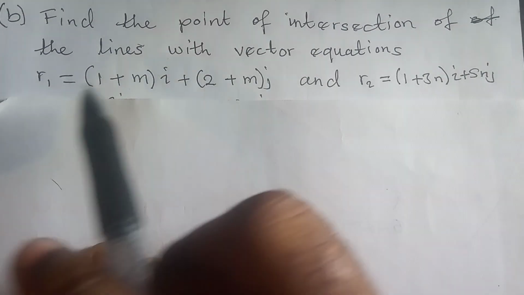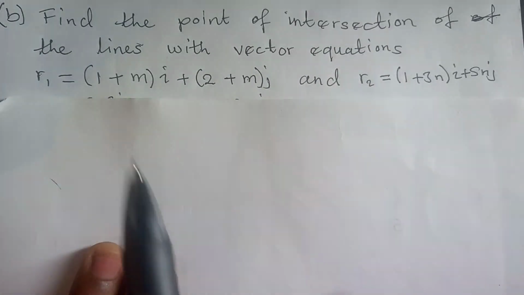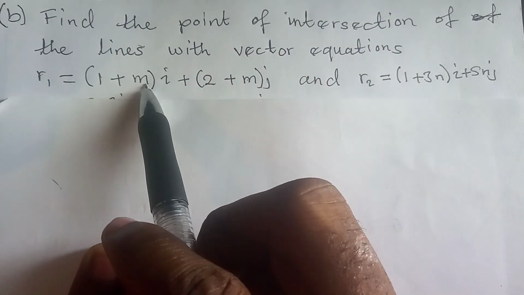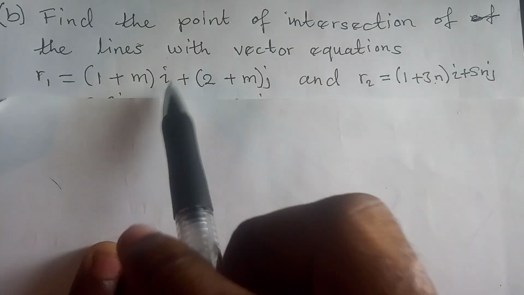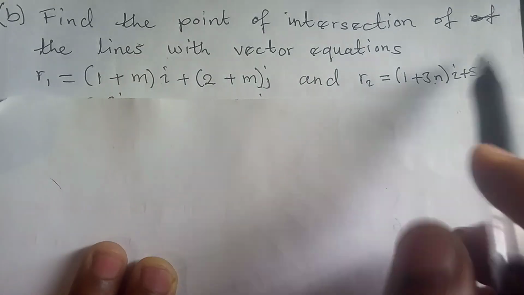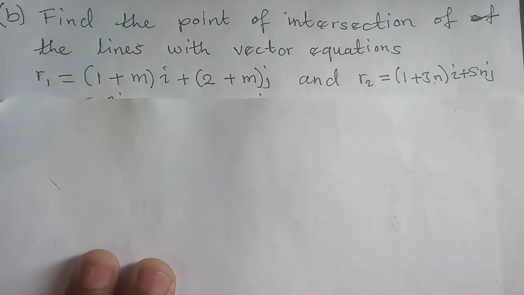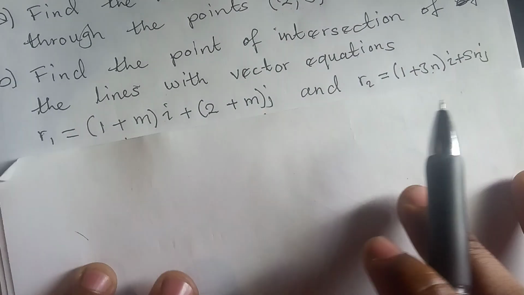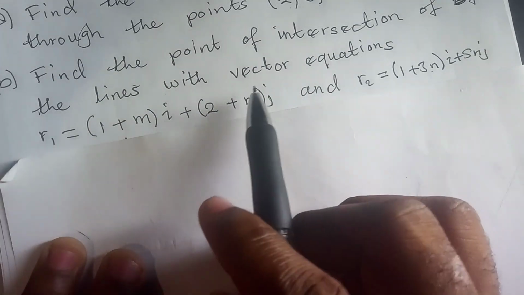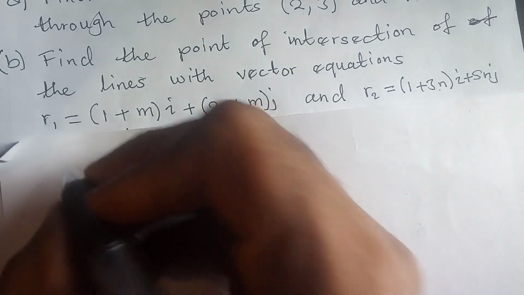So in this case, we can solve these two equations simultaneously and find the value of m and the value of n, and then you can just substitute them back in and you'll be able to find the coordinates of the point of intersection of the two lines.